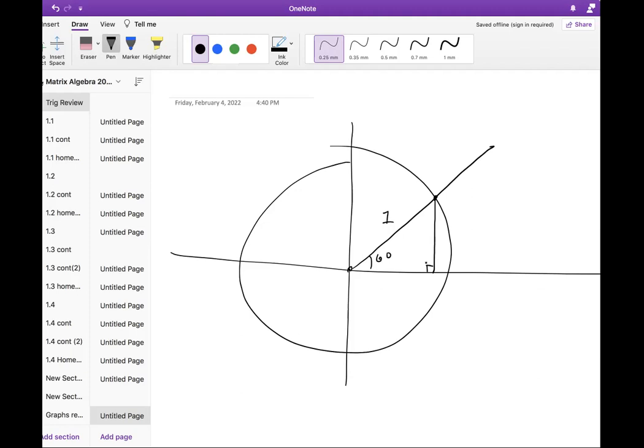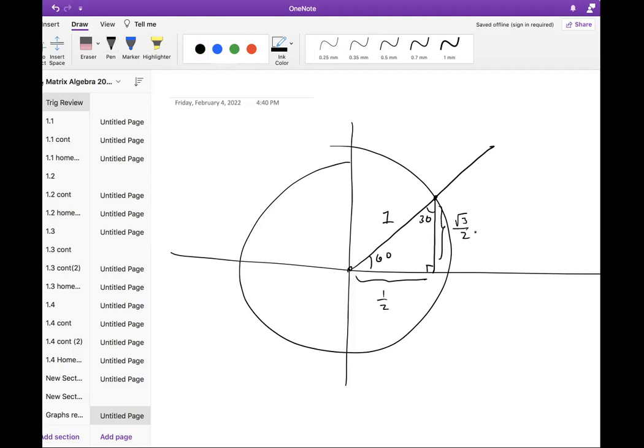So since this is 90, this is 60, this must be 30. So we just proved that for a 30, 60, 90 triangle, this side must be 1/2, the side opposite 30, and this side must be radical 3 over 2.